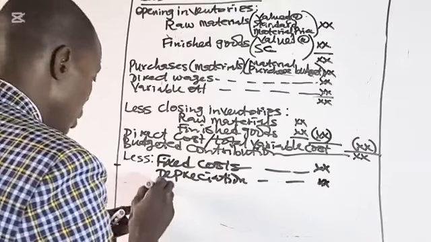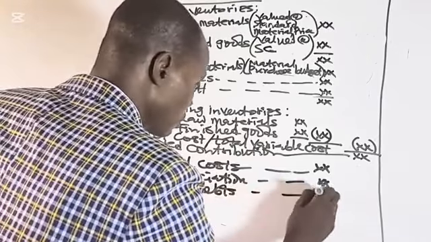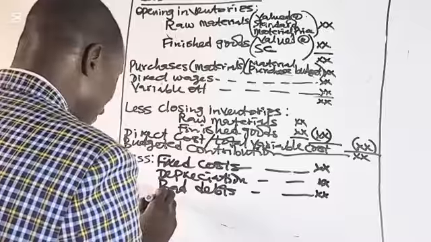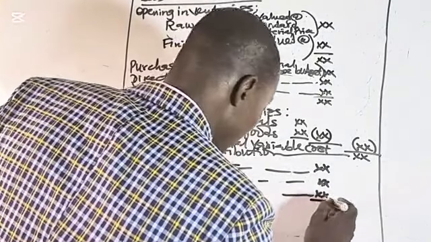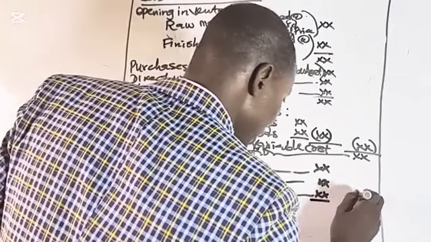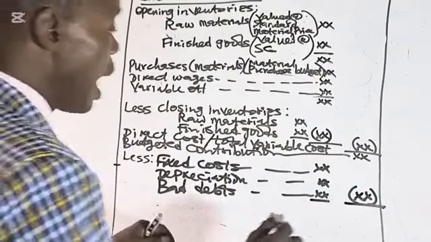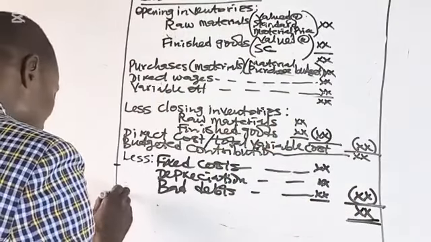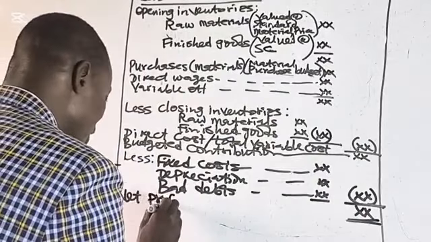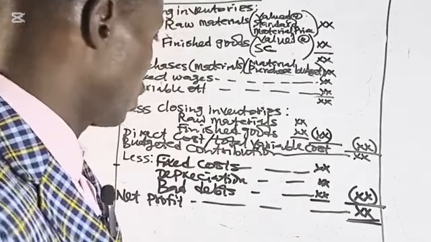Then bad debts, allowances for receivables, you deduct that. And other expenses that I may not write. Remember, after deducting all this, you arrive at the net profit. This is the format for preparing the budgeted profit or loss.